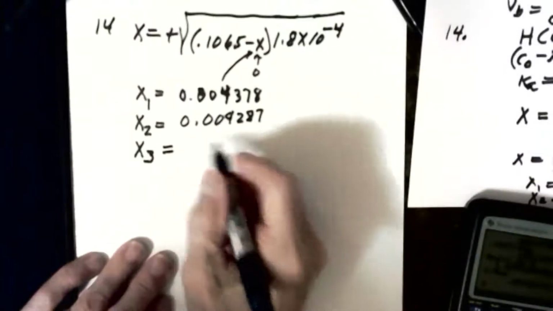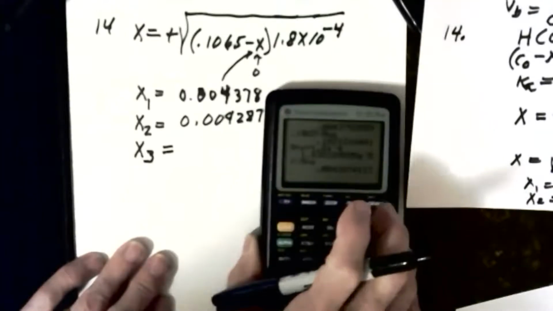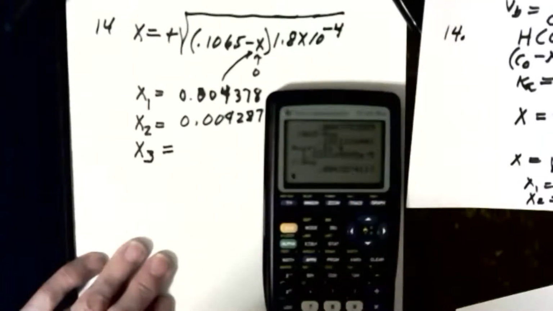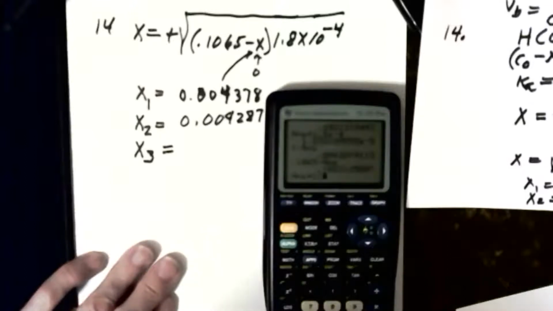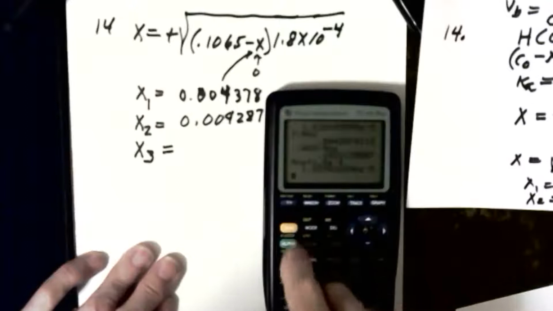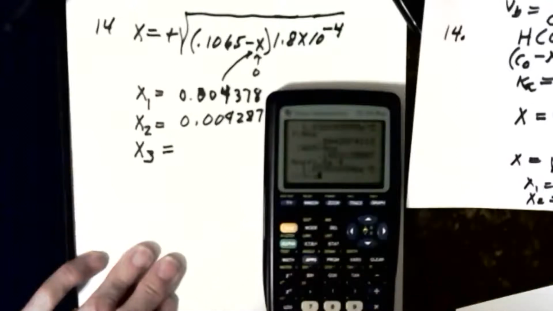So I'm going to put this back in, and it's really easy to do on your calculator. All I have to do is 0.1065 minus the answer I just calculated, equals, that's an important step, times 1.8 with an exponent of minus 4, equals. Now I want to take the square root of that answer.